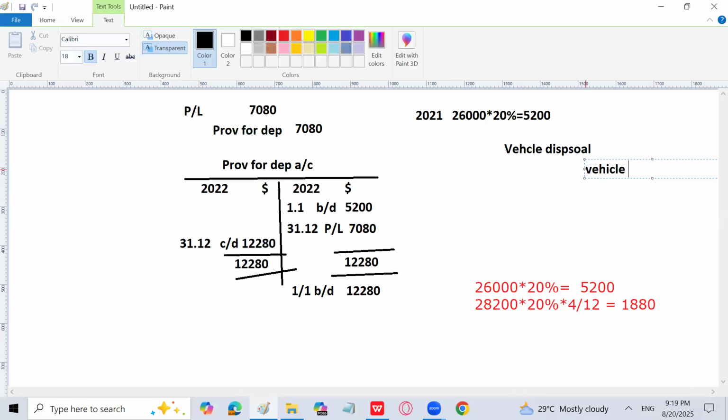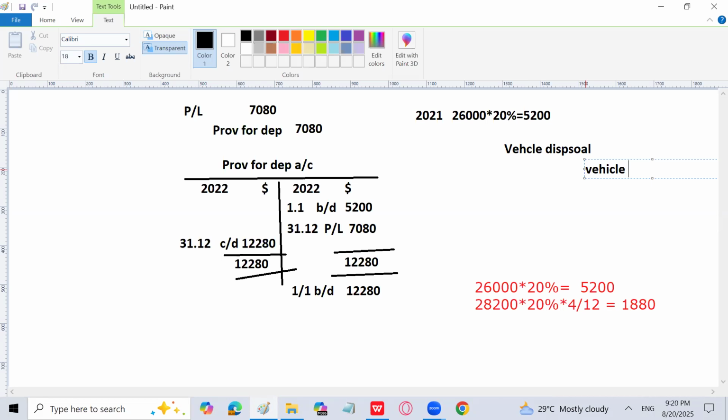This is known as a temporary account. Vehicle disposal account is a temporary account which is prepared only to find the profit or loss on sale of asset. And after getting the profit or loss on sale of asset, this account will not be used anywhere. So, as it is an expense or income account, it is closed with the name profit and loss account. Either there is a profit or there is a loss.